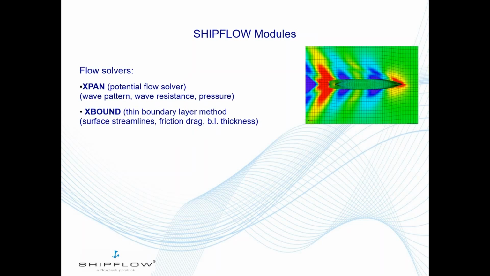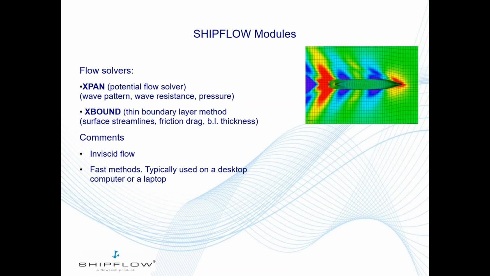One set, or the oldest one, is a potential flow solver that is used today. A potential flow solver means that it's an inviscid flow, which of course simply implies that the accuracy in some situations will not be very good, but it has some very good features, in particular for predicting and ranking hulls with respect to wave resistance.